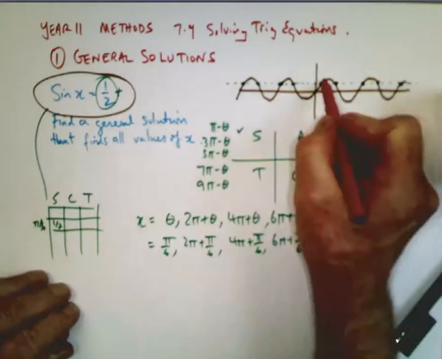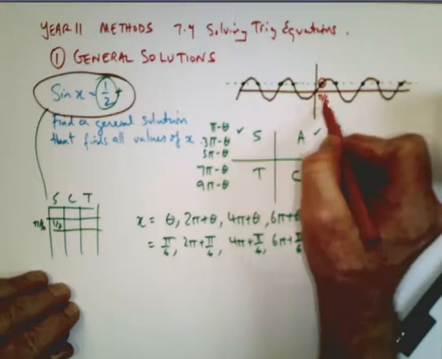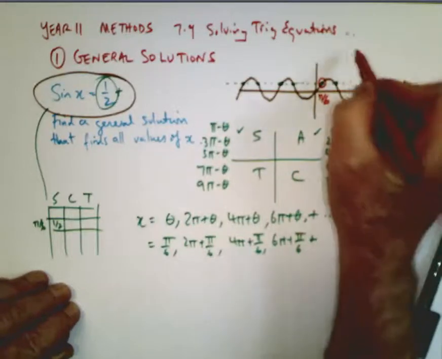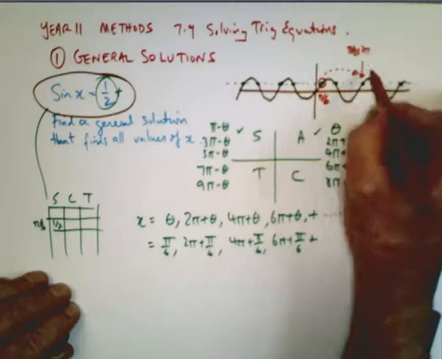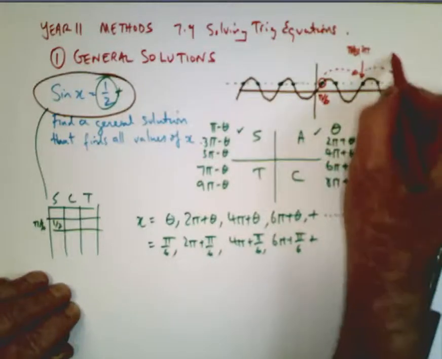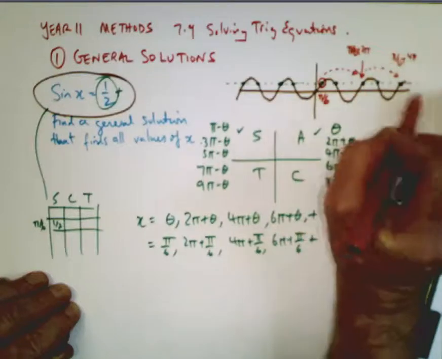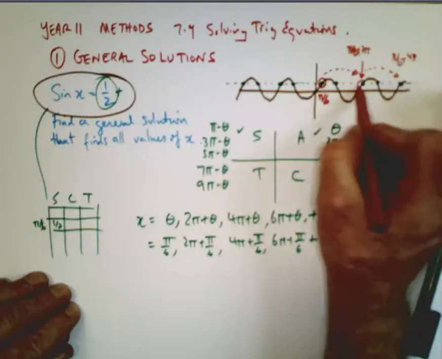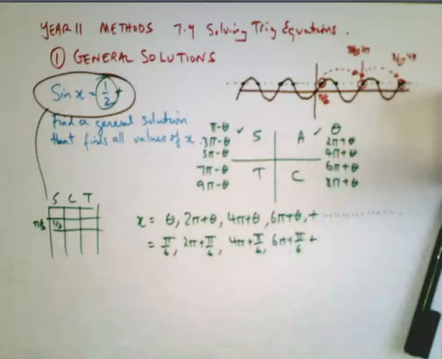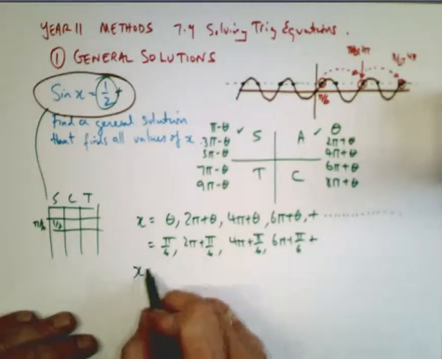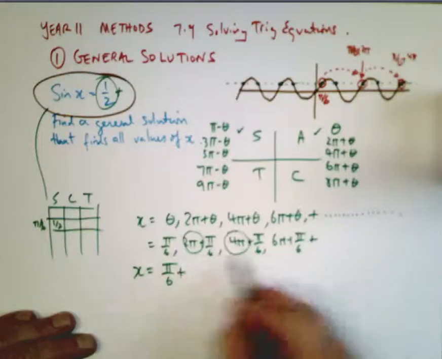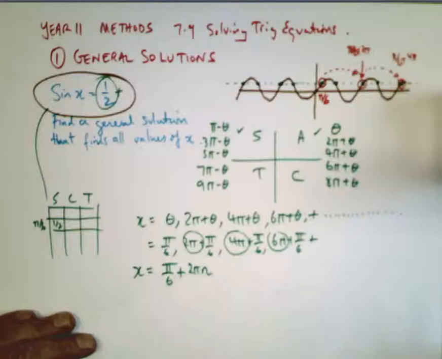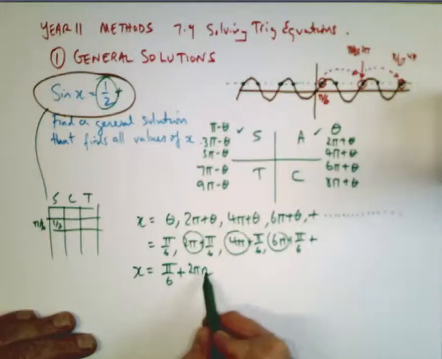And what I've got is this answer here, which is pi on 6. Then I've got this one here, which is pi on 6 plus 2 pi, and pi on 6 plus 4 pi, etc. So I'm finding every second one of those. So what's my general rule? My general rule is x equals pi on 6 plus all of the even valued pi's, which I can write as 2 pi n. 2 times n will give an even number.